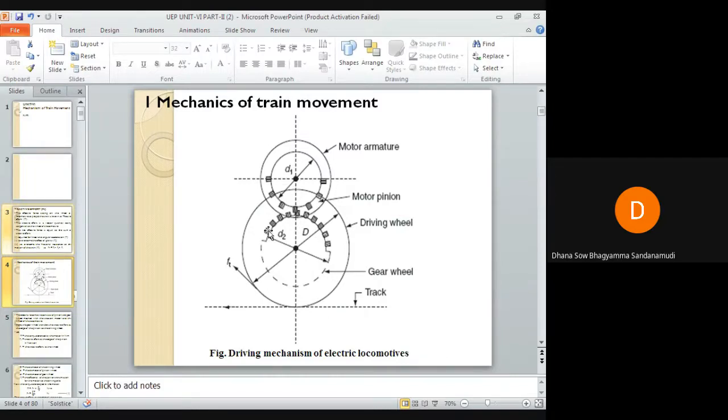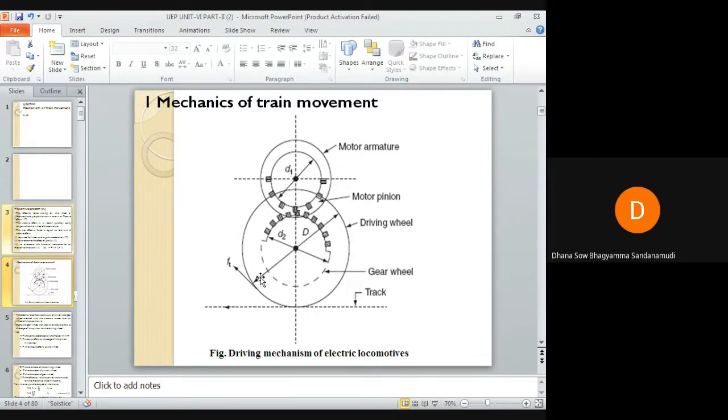The inner circle with teeth on the outer surface is the gear wheel. This large circle is the motor armature, and the inner circle meshing with these teeth is the pinion. So you can see four things here: the motor pinion, the motor armature, the driving wheel of the train, and the gear wheel.